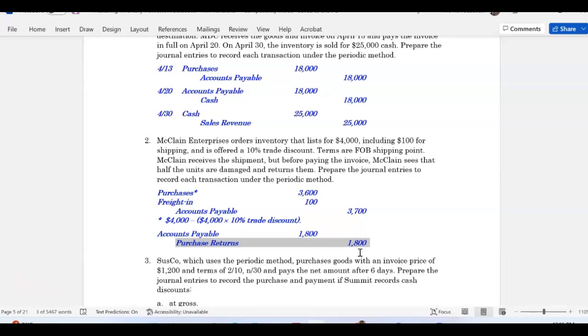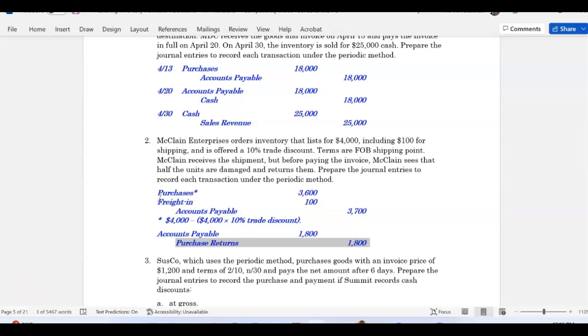So one more time. What is net purchase? Net purchase equals purchases less purchase returns, less purchase allowance, less purchase discount. That's your net purchase, plus freight in. Got it? So let me do it again.